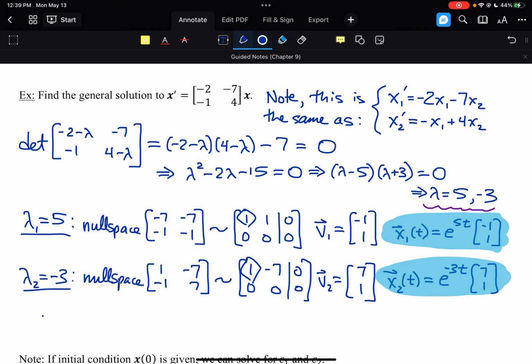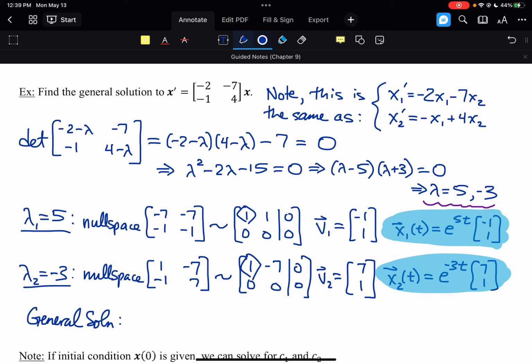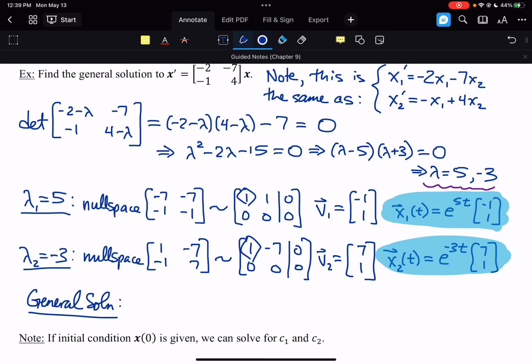So for our general solution, we're going to get x of t is c1 x1 plus c2 x2. So c1 e to the 5t times negative 1, 1, plus c2 e to the negative 3t times 7, 1.